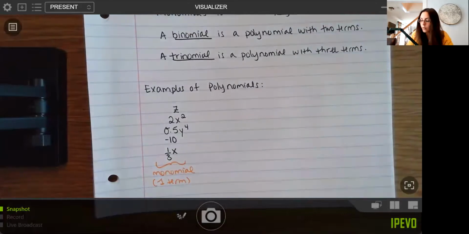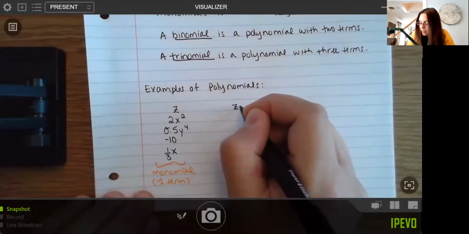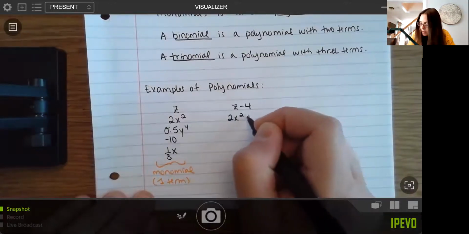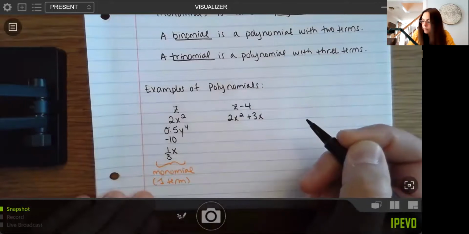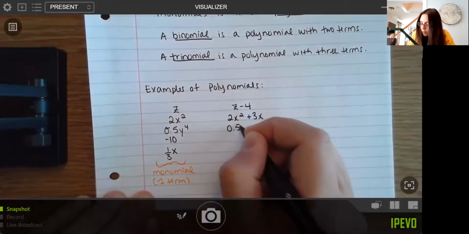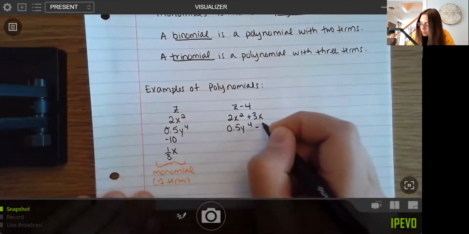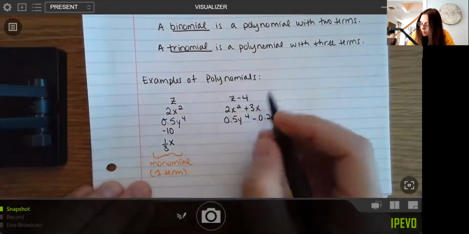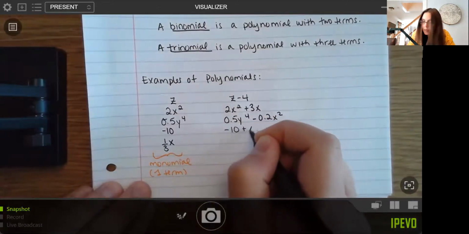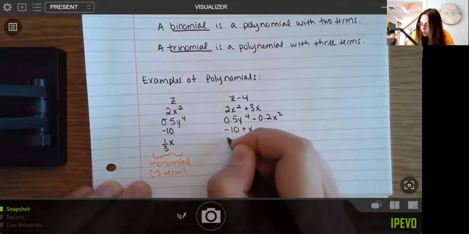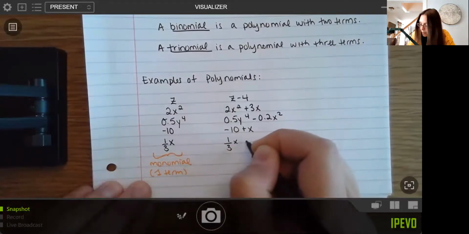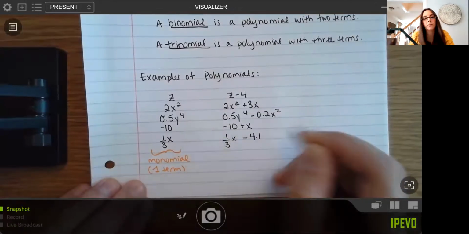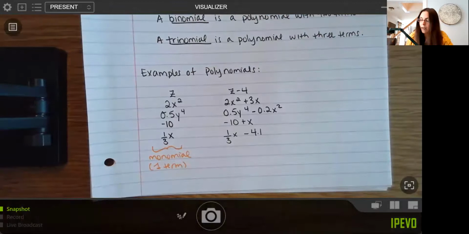Now, other examples of polynomials could be something like z minus 4, or 2x squared plus 3x, or 1/2 y to the 4th minus 2/10 x squared, -10 plus x, or 1/3 x minus 4.1. Okay, so notice here for each of these, you have two terms.